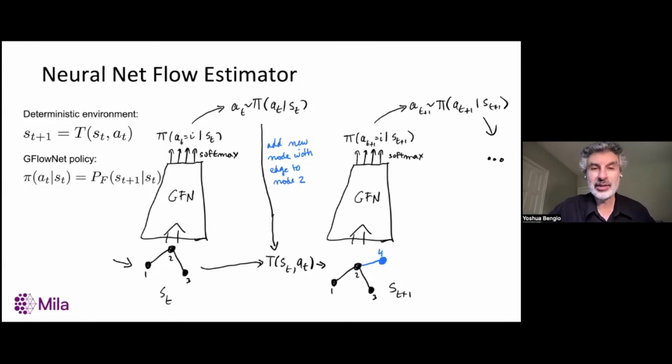And so what the neural net does here is at each step, like in RL, it produces a probability distribution over the next actions that you could do, given the current state of the construction. So this is maybe this partially constructed graph. We can use something like a graph neural net that takes the current graph, and then we come up with a scheme for representing and calculating probabilities for the actions.